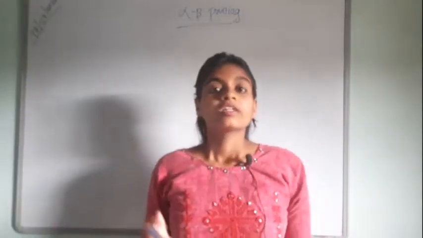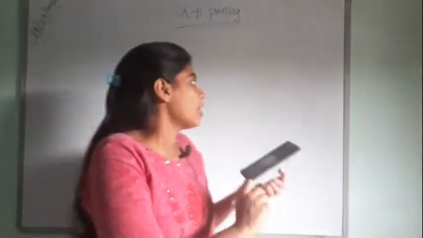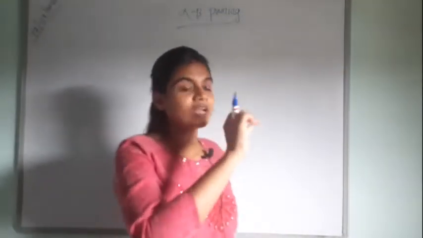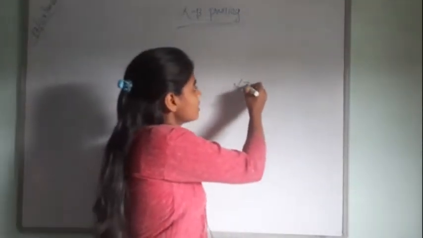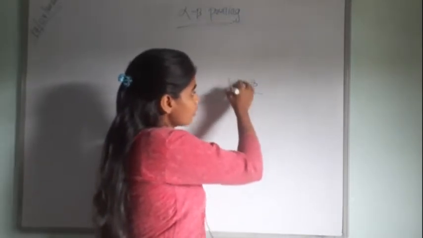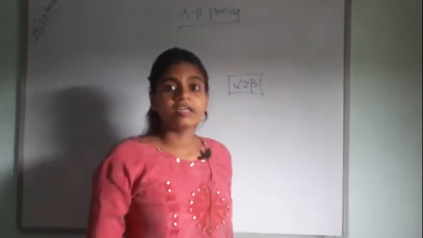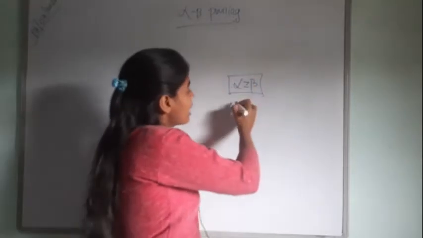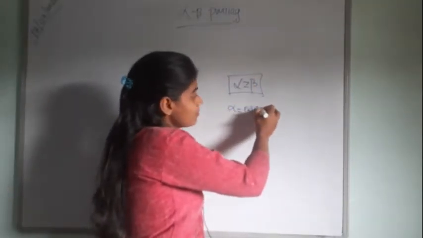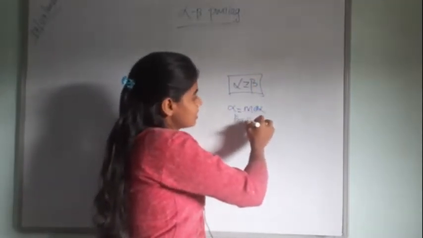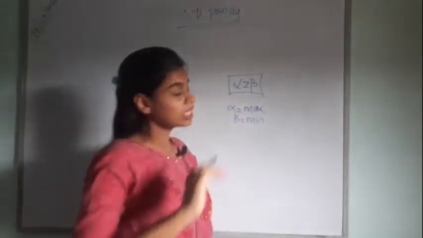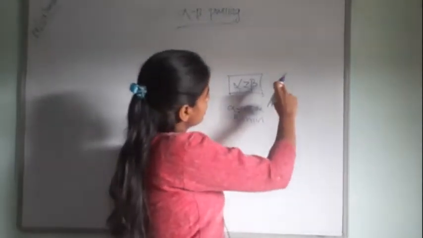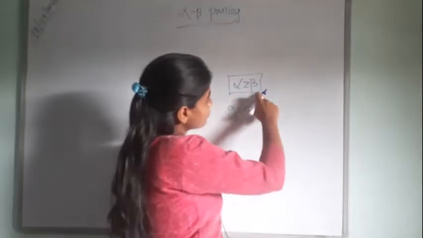Okay, so this was all about the theory. Now I will show some basics so that you can understand. Alpha is greater than or equal to beta.